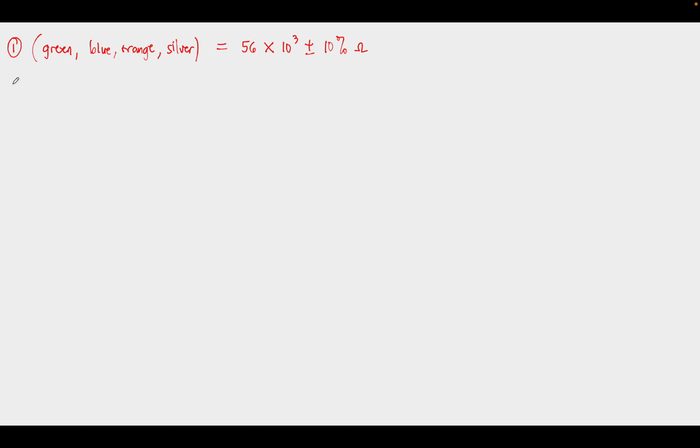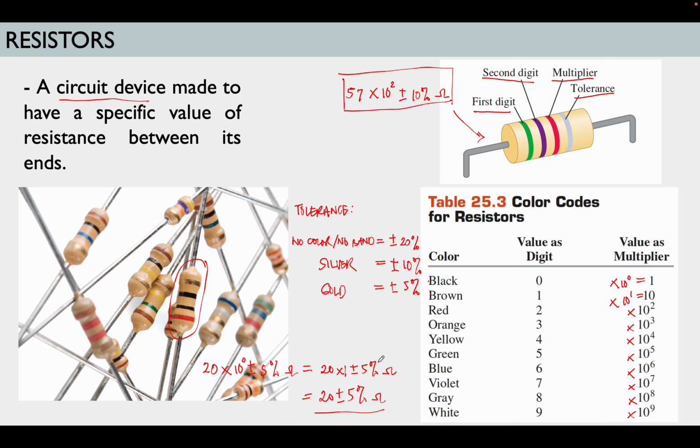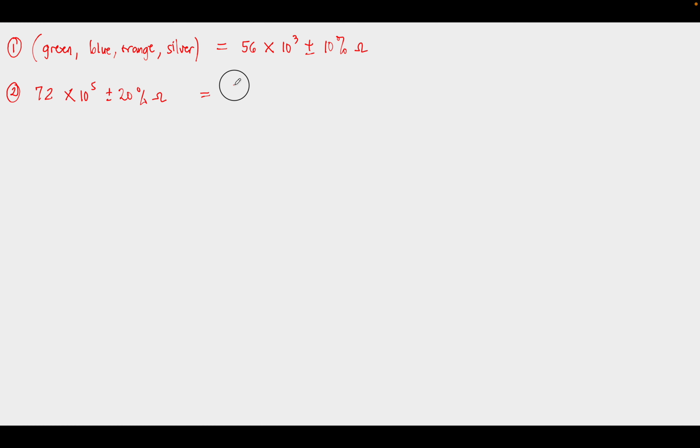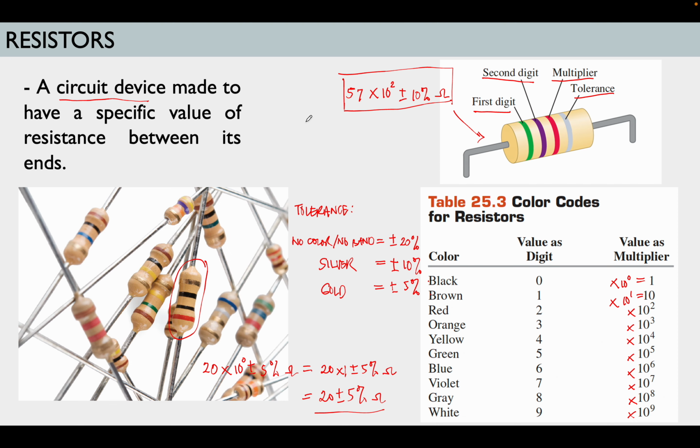Okay, another example. Let's say we are given the value of the resistance, and we are about to determine the color code of the resistor. So 72 times 10 to the power of 5 plus minus 20% ohms. What if that is the value of the resistance? How can we determine the colors? So 7 is violet, and then 2 is red.